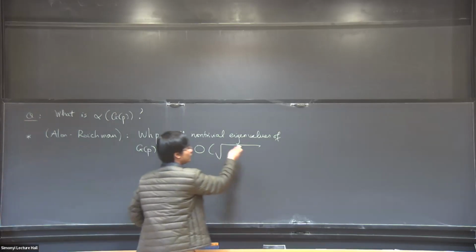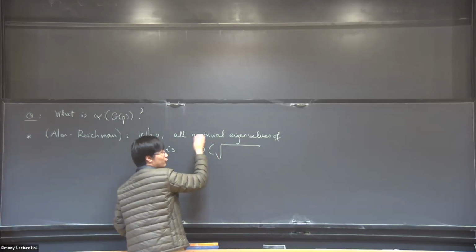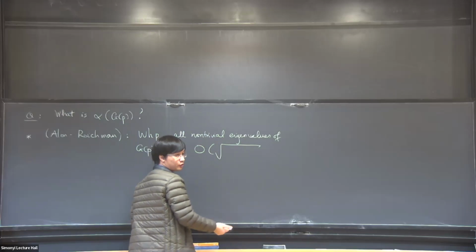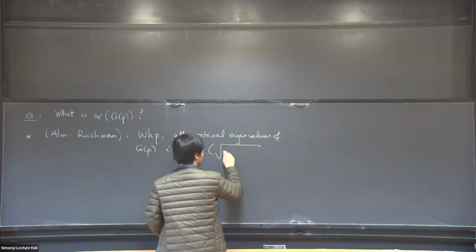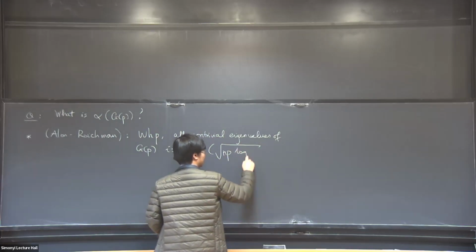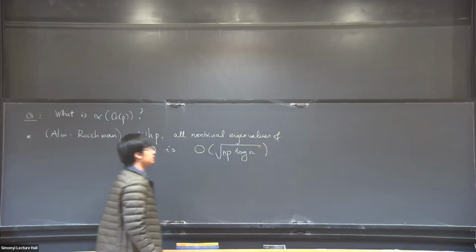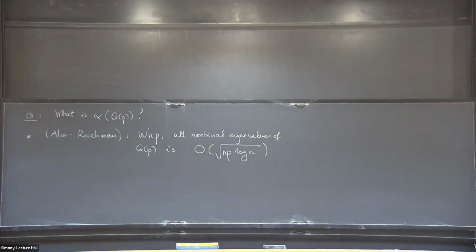And so the optimal bound that we can put for the non-trivial eigenvalues will be square root of np. And the reality is not much different from that. Up to a small log factor, all of the non-trivial eigenvalues will be bounded by square root of np times log n, so square root of d log n, where d is the degree of the random Cayley graph.